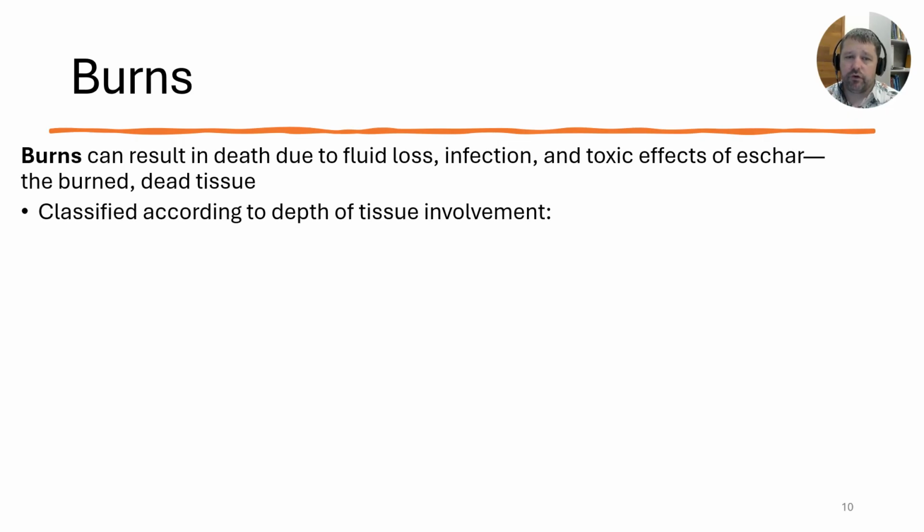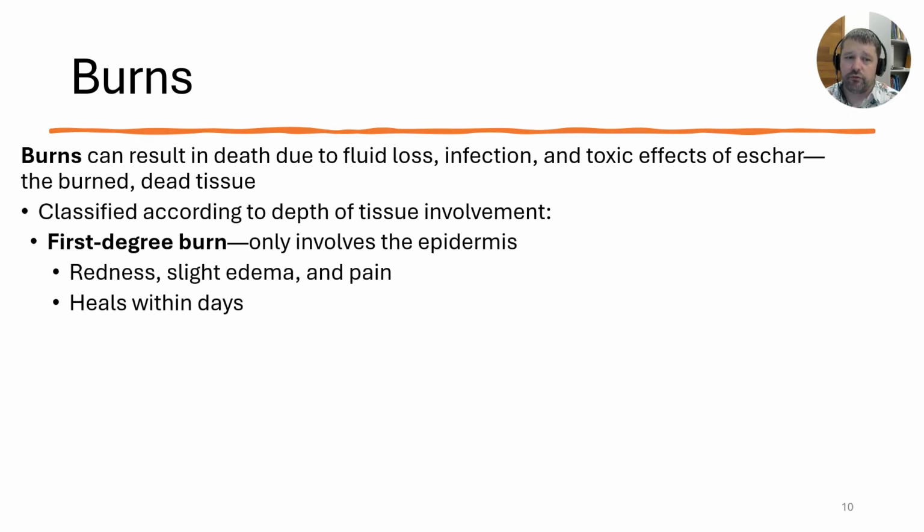Okay, so classification of burns is really determined on the depth of tissue involved. So first degree burns, it's only the epidermis. Okay, so it's that top layer. It should be able to heal without any nerve damage.